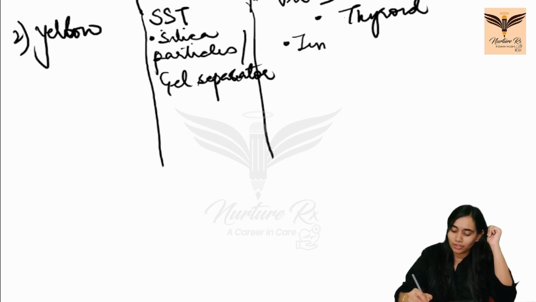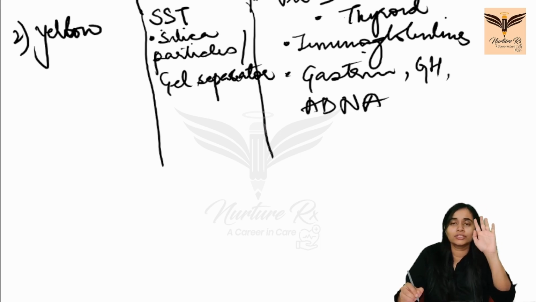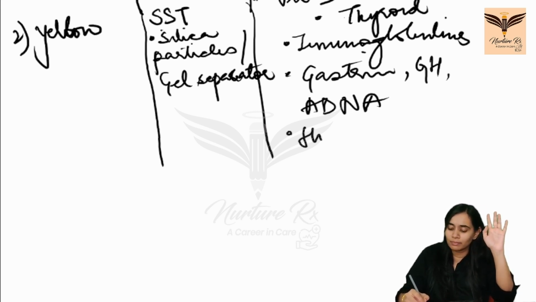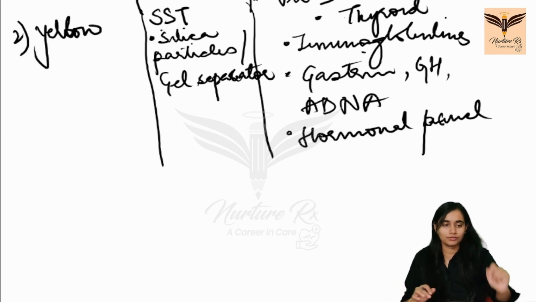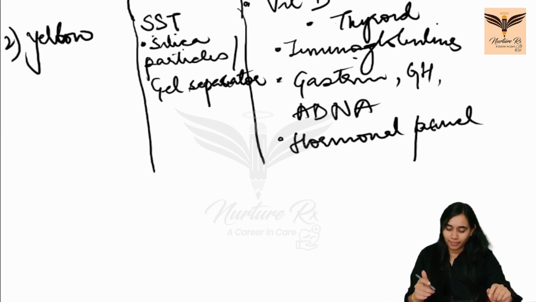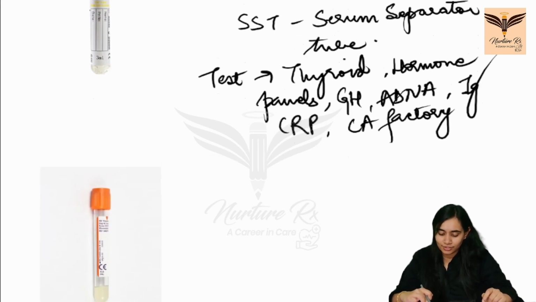We have talked about immunoglobulins, gastrin, GH, ADNA. All the hormones that you can remember, all the hormonal panel is done in this tube. Okay. And immunoglobulins we already covered. Right? So we move on to our next vial.